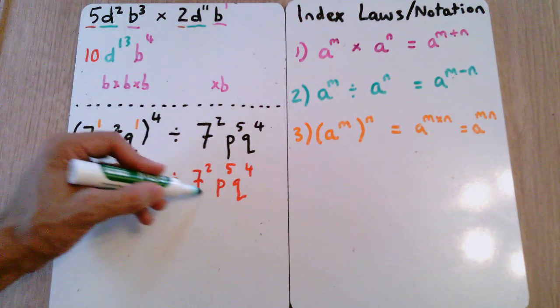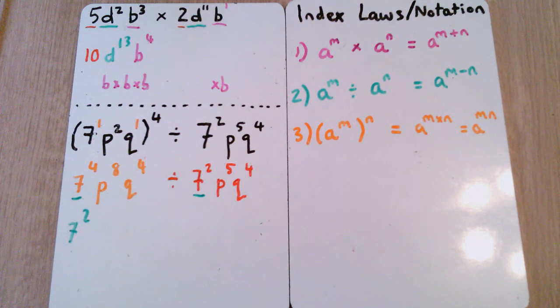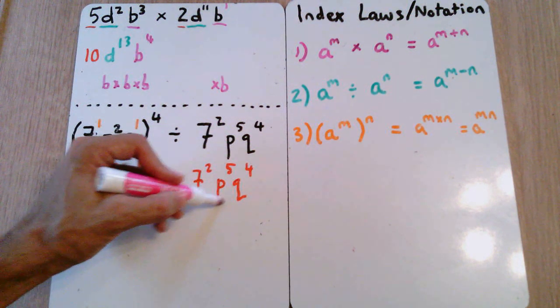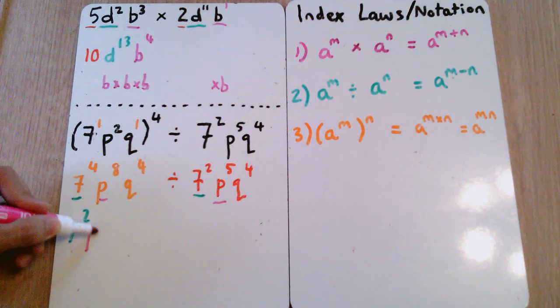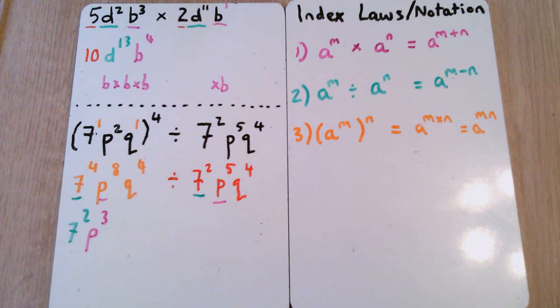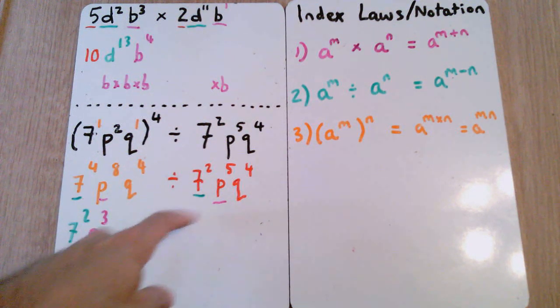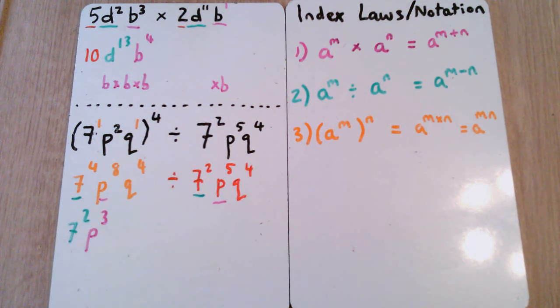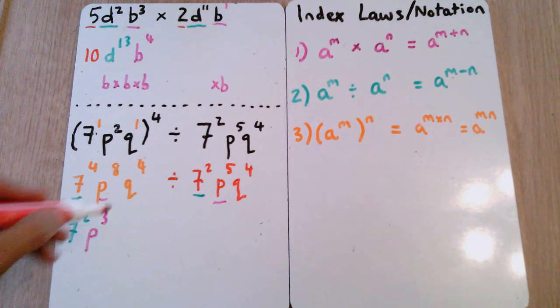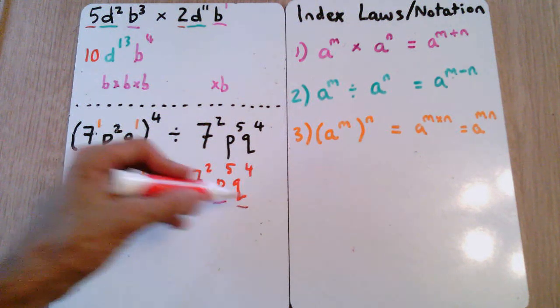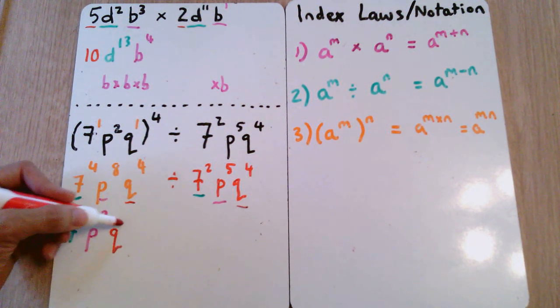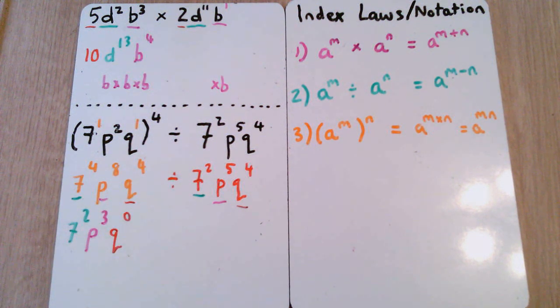So that's using the 7s. We've then got p to the 8 divided by p to the 5, which is p cubed. And then we've got q to the 4 divided by q to the 4, which is just going to be q to the power of 0. Now that looks like our final answer, 7 squared, p cubed, and q to the 0.